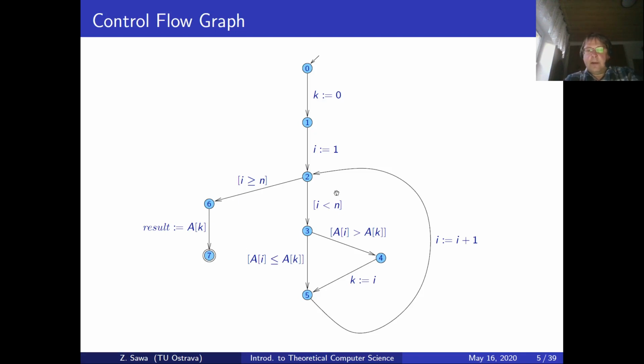And what is in fact decreased with each iteration is the difference n minus I, because I is increased and n remains the same, so the value n minus I is decreased with each iteration.